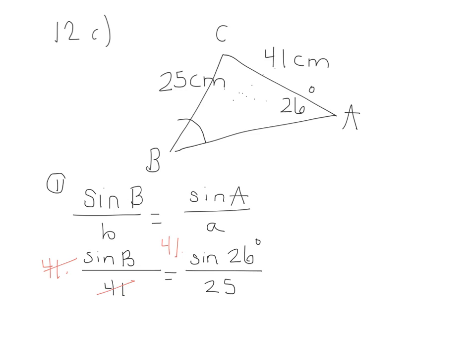And now if I just type 41 sine 26, close my parentheses, and divide by 25, I find that the sine of angle B is 0.7189.